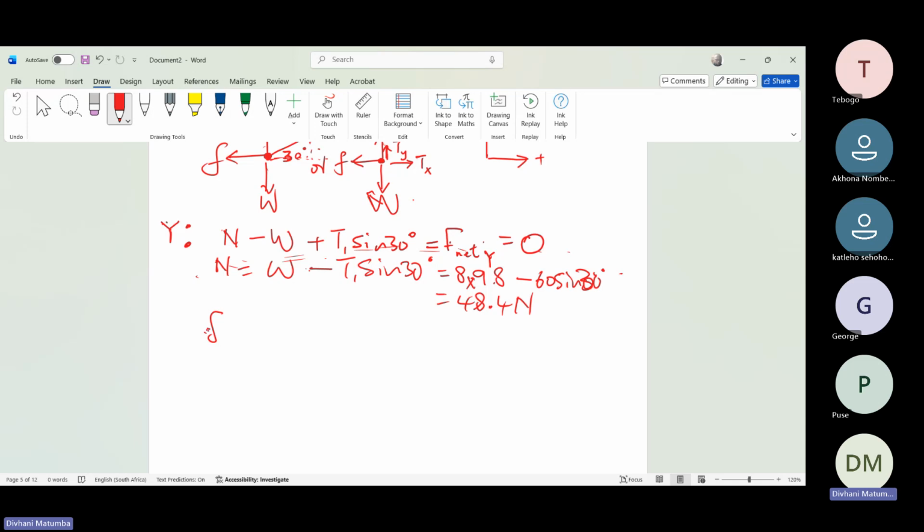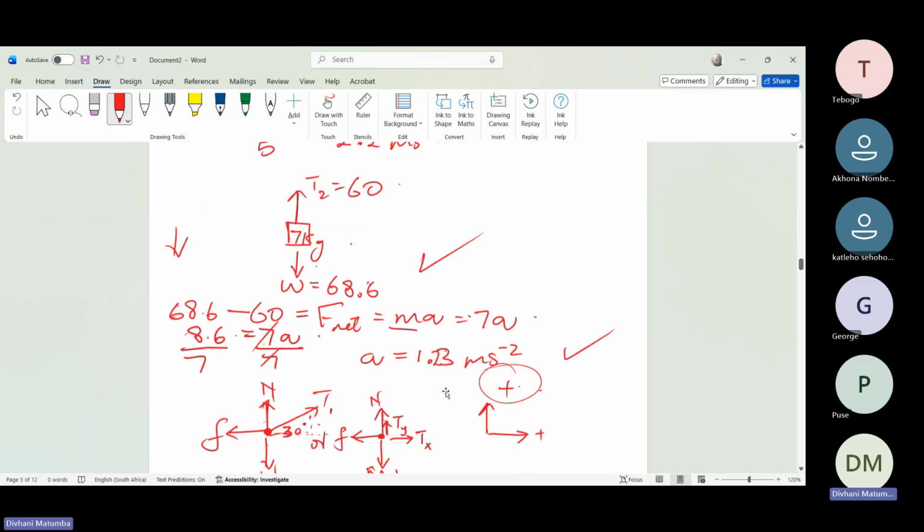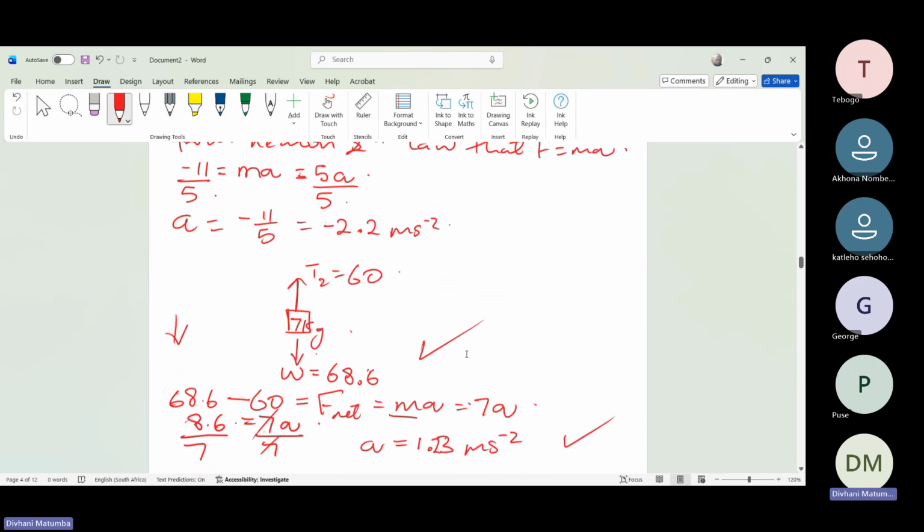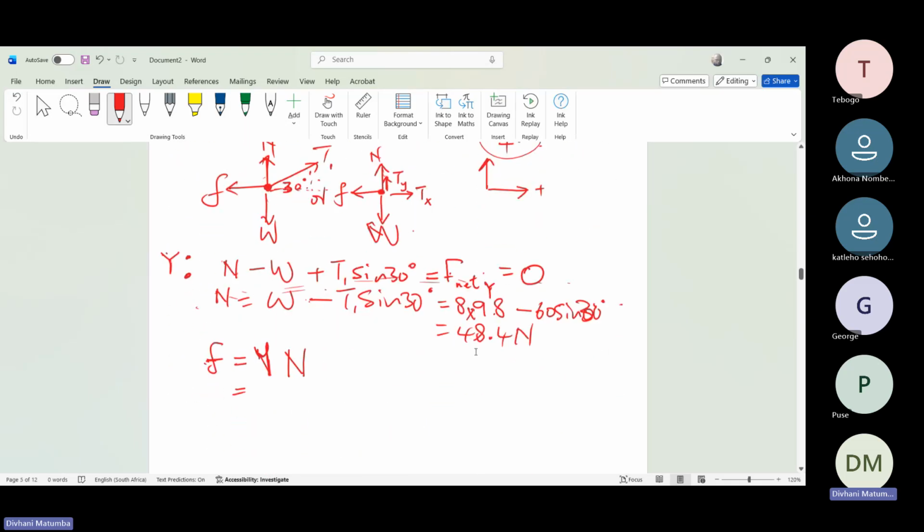The frictional force is given by the coefficient of friction times the normal force, which is, are we given the coefficient of friction? No, we are not. Therefore, we cannot calculate friction in this way.